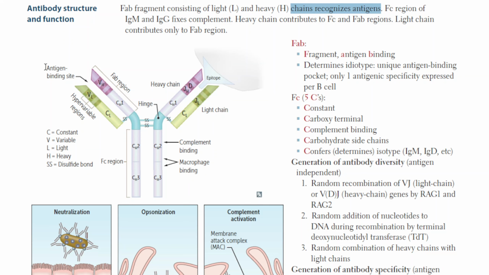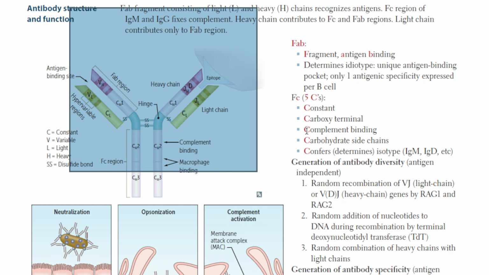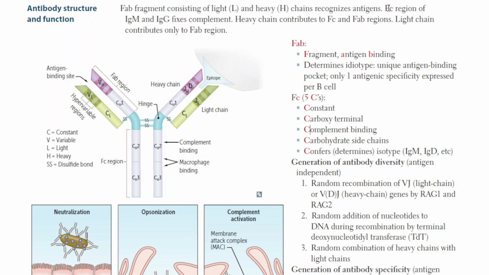There are antigen binding sites in this part. The Fc region of immunoglobulin M and G fixes the complement, down here, and this is also where macrophages bind. So the Fc region of immunoglobulin M and immunoglobulin G fixes the complement.